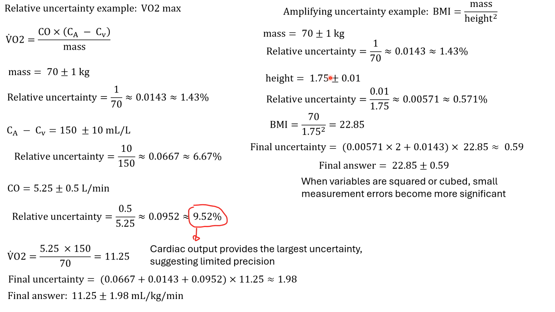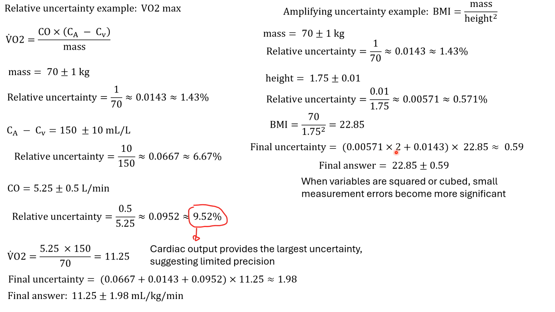Absolute uncertainty over the value without the squared. If it was cubed, without the cubed. And then again, another difference is that it gives me this minus 0.0571, and because I've ignored the squared before, now I need to multiply it by the squared.